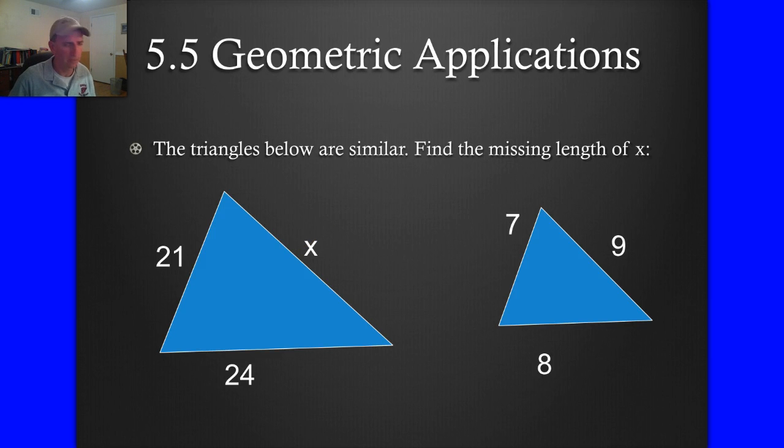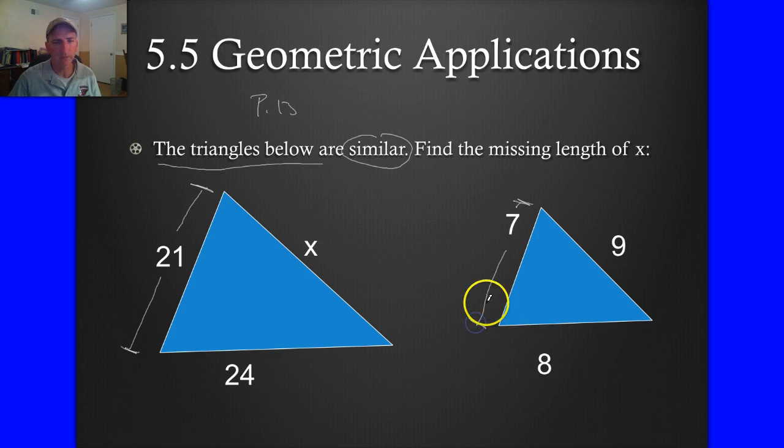Here is page 13 in your notes. It tells you in the problem that the triangles below are similar. Since they said that they're similar, we know that corresponding sides are proportional. The ratios are equal. So a corresponding side, like this length right here, 21, corresponds with this side right here, and you can kind of see it by the way the picture is laid out.